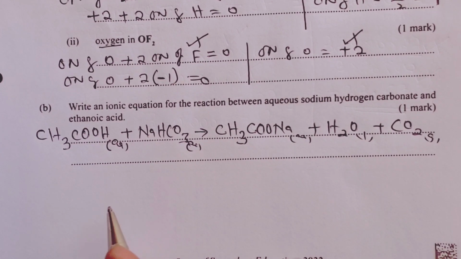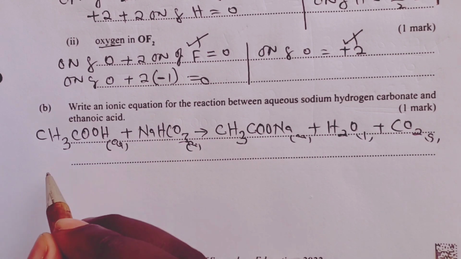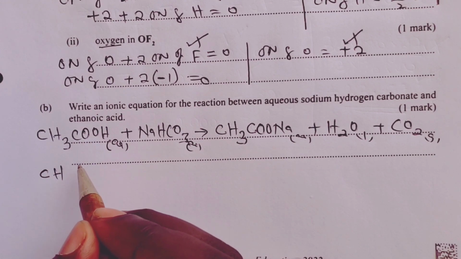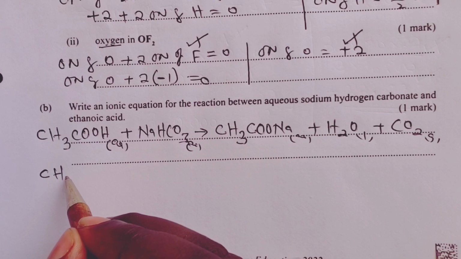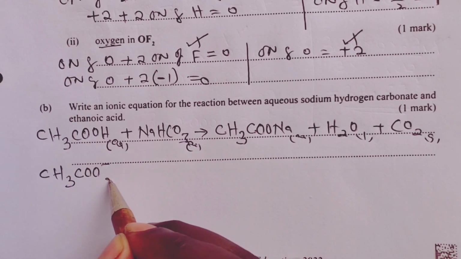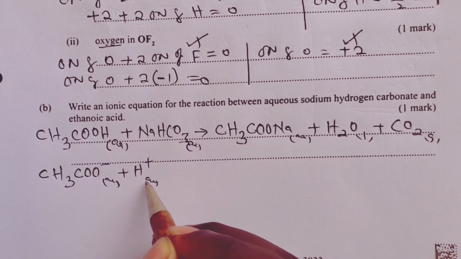So to get the ionic equation, I will need to split my aqueous solutions into the respective ions, starting with the first one. In ethanoic acid, I have ethanoate ion in aqueous form and hydrogen ions as well.